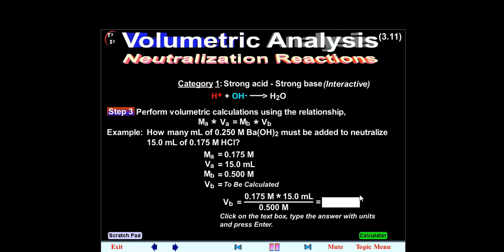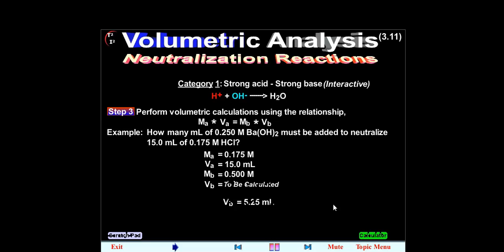Equals... incorrect. Try again. 5.25 milliliters.